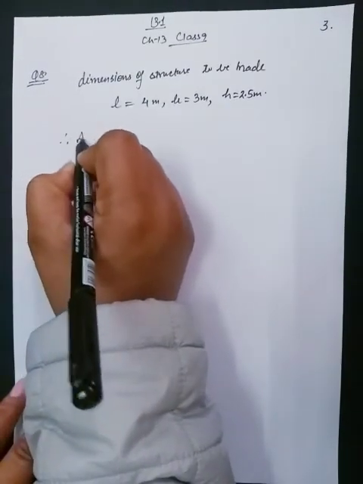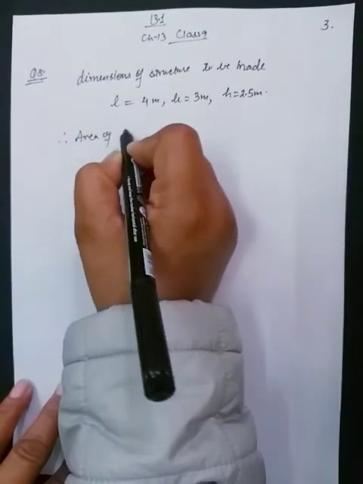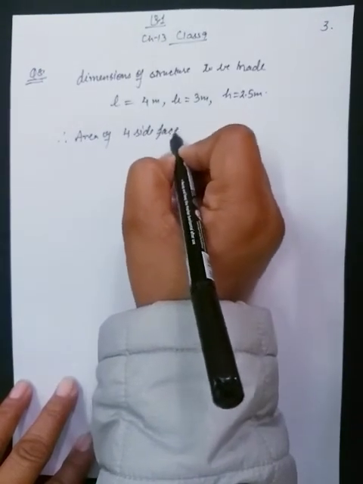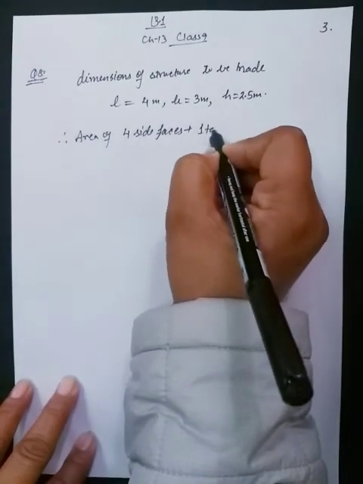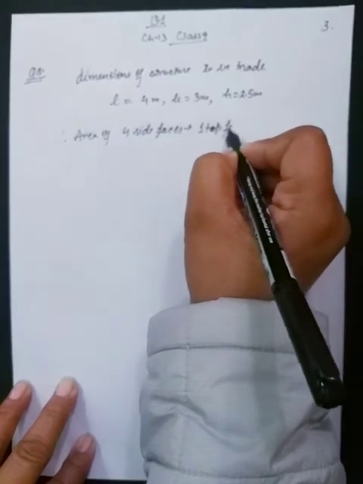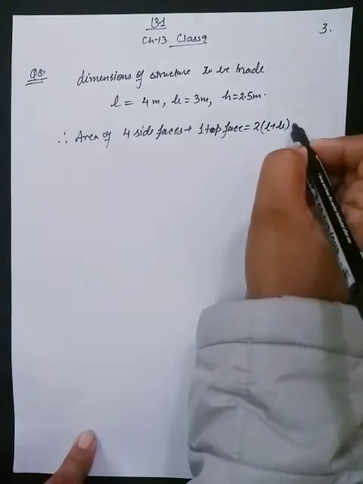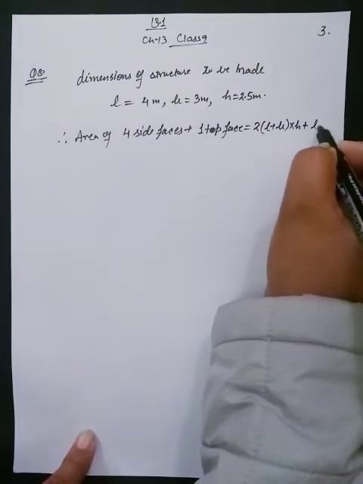So therefore area of 4 side faces plus one top face will be 2 into L plus B into H plus LB.